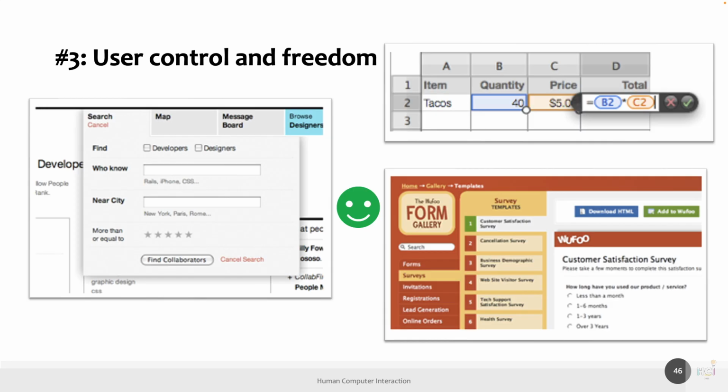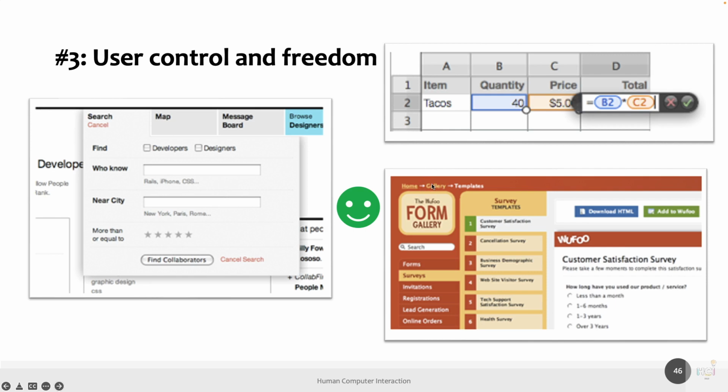And these instead are some good examples of providing users control and freedom. Here, for example, you have this menu on top of this screenshot that is called the breadcrumb menu. It is a design pattern that we will see in a following lecture. But basically, this menu shows your interaction with the website, and you can easily go back to a previous page that you have already seen, clicking directly, for example, on gallery here.